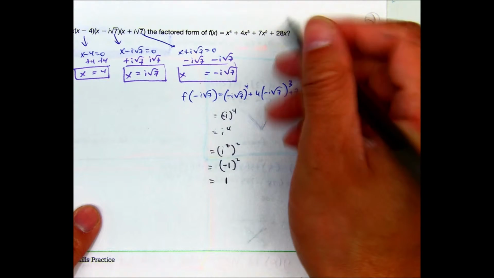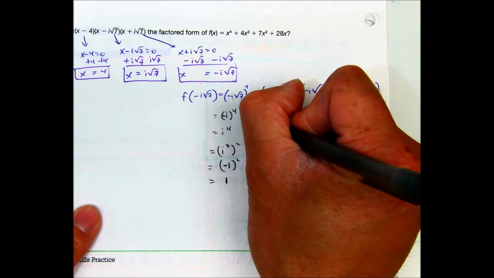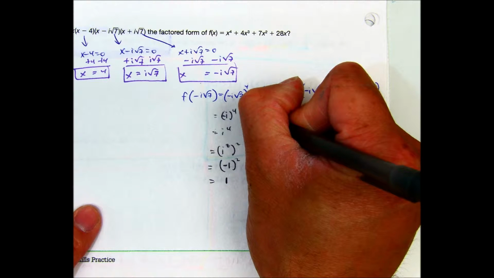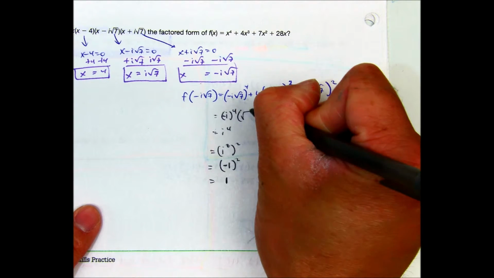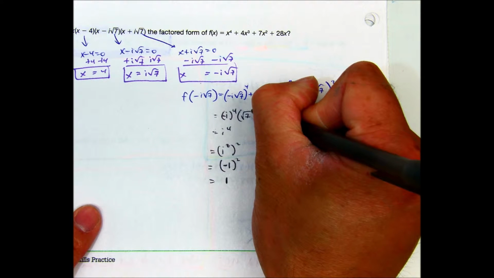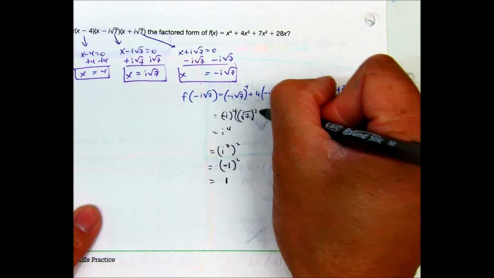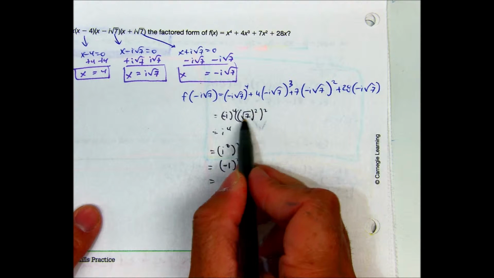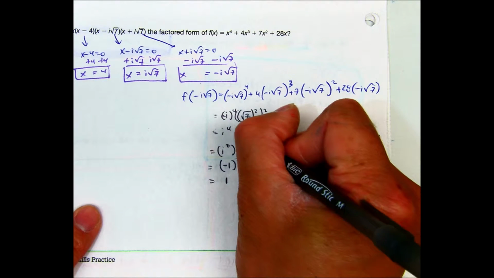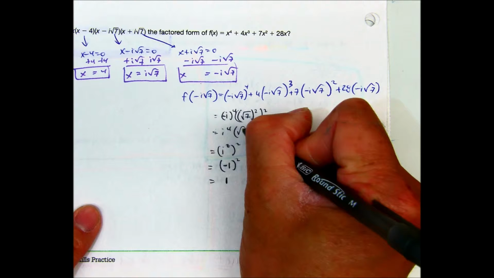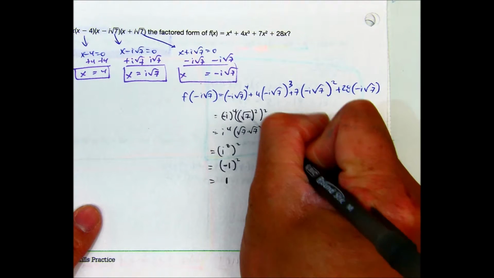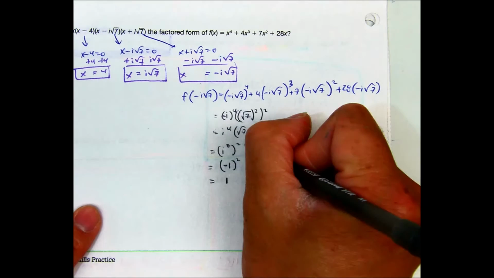Radical 7, you can think of this one as radical 7 squared squared. So if you think about this one, radical 7 times radical 7 is what? It's just 7.